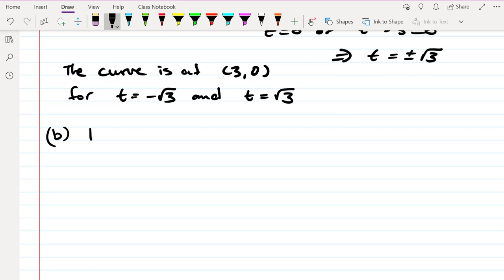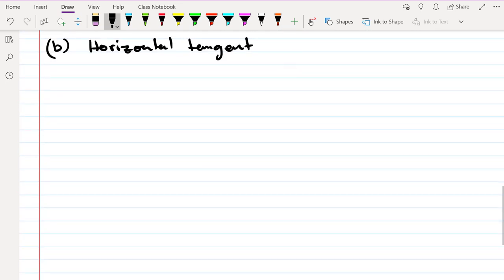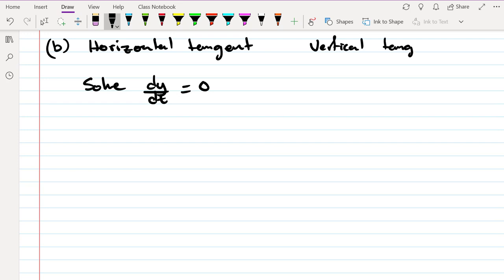So for the horizontal tangent, we need to solve dy/dt is equal to 0. And for the vertical tangent, we need to solve dx/dt is equal to 0.